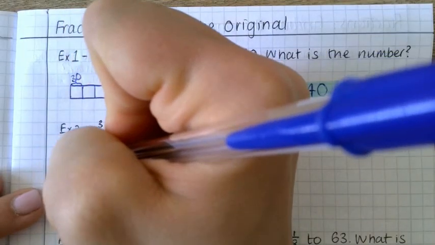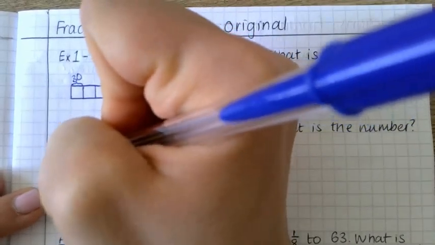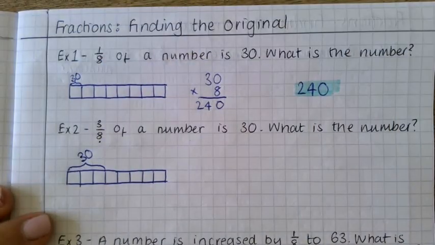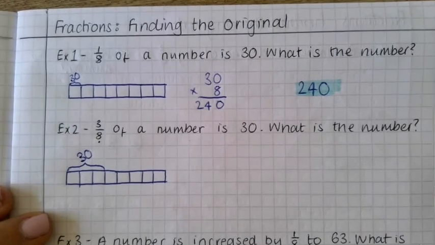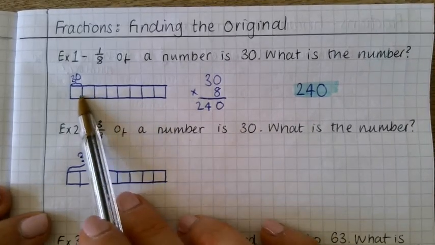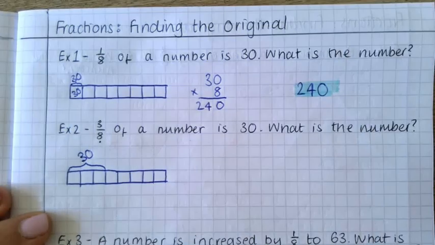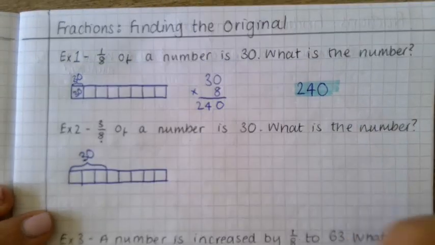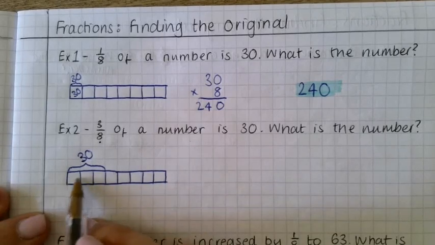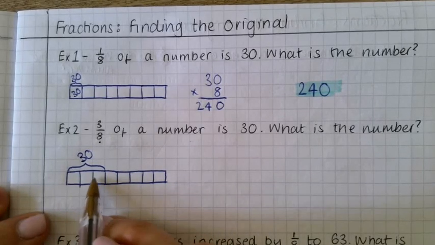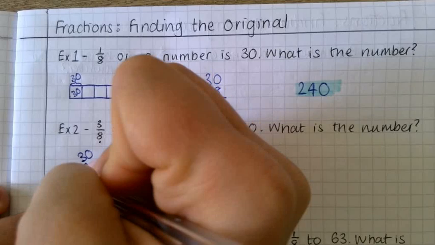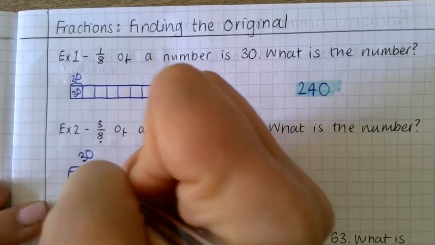So that means 3 of these little squares are 30. Now, in the example above, we were told what 1 square was equal to. But in this example, to find 1 square, I have to do 30 divided by 3. So that means that each little square is 10.